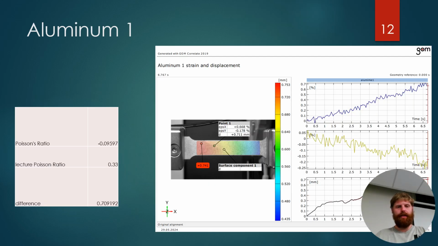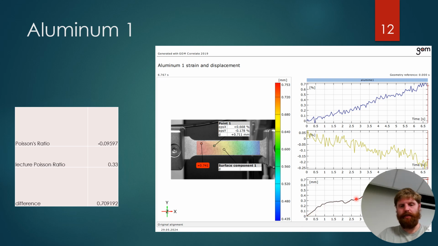So here we can see our very best aluminum sample. We see that our calculated Poisson's ratio is less than 0.1, and this is against the literature Poisson's ratio of 0.33. This gives us a difference of about 70%, which is crazy.